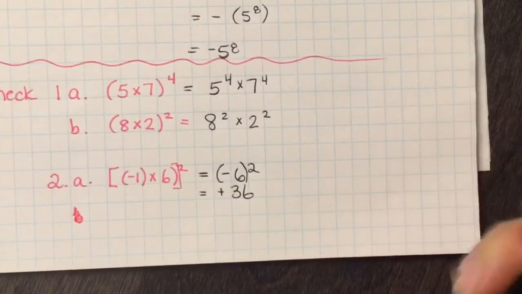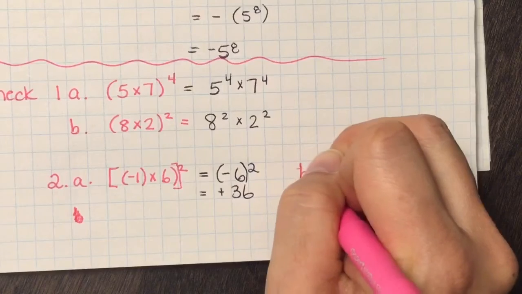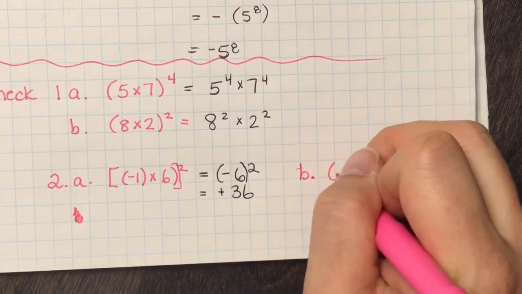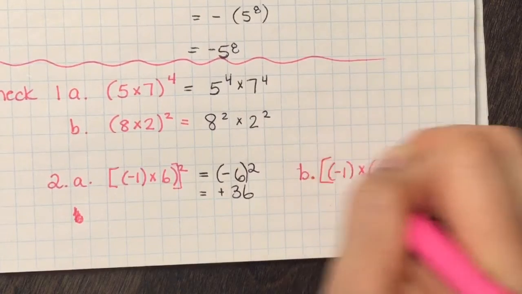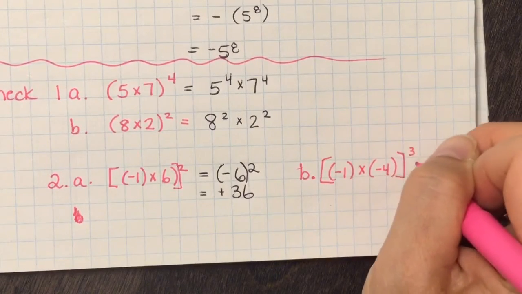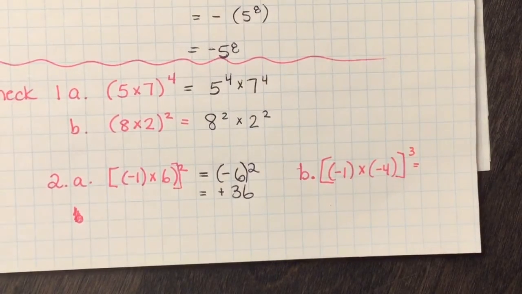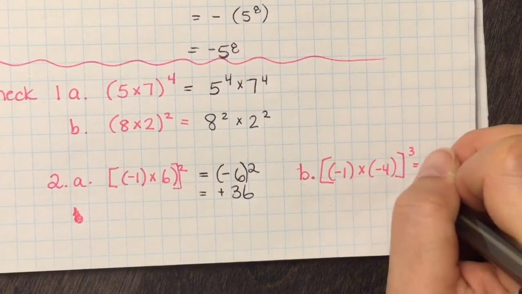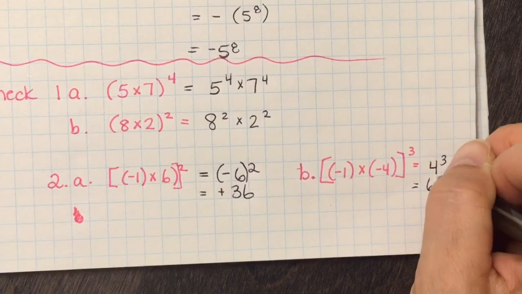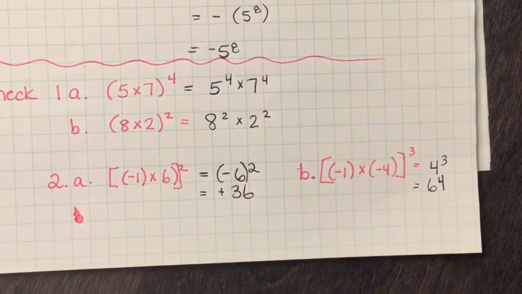Right on. And then let's do B right here. -1 times -4, and that's all cubed. What's your answer? Right on. Okay, I think you got this.